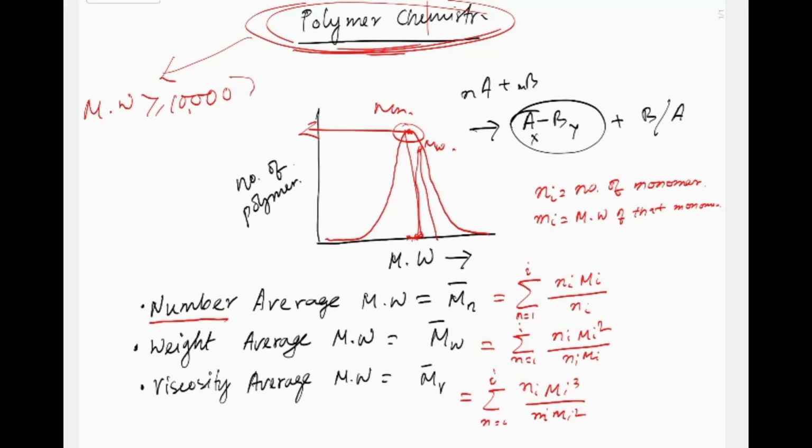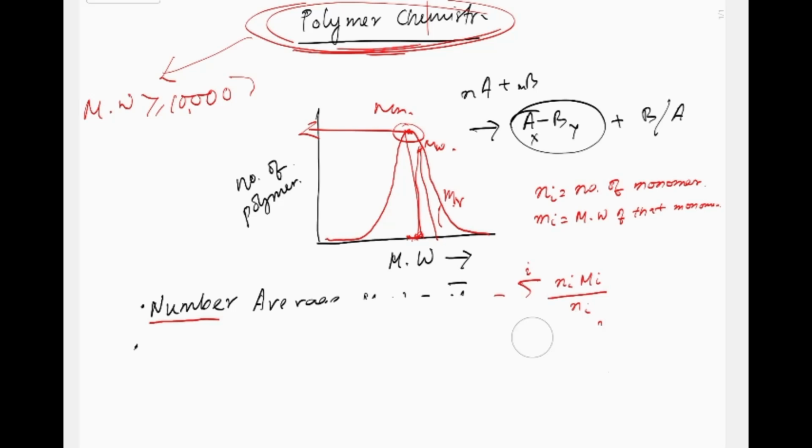And this will be the Mv value somewhere here, sorry, we termed the viscosity average as Mv. So this is the dispersity of the polymer molecular weight.